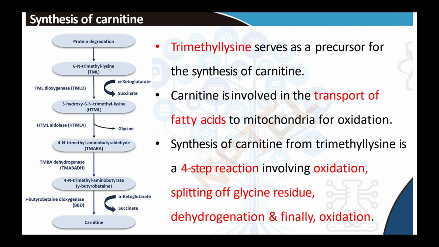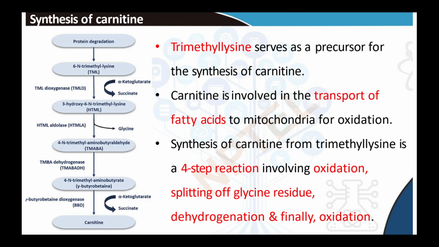Then TMABA dehydrogenase converts this into 4-N-trimethylaminobutyrate, also known as gamma butyrobetaine, and gamma butyrobetaine dioxygenase will oxidize this into carnitine.